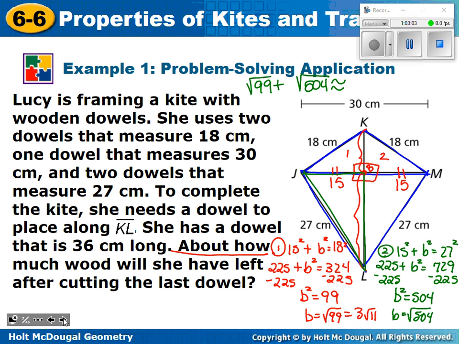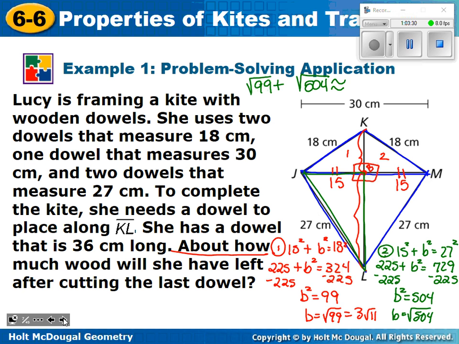I can grab mine too and check it. I'll switch over to this. So we have square root 99. Make sure that you close that parenthesis or end that arrow when you get to your calculator so that you don't keep the square root going, plus the square root of 504.